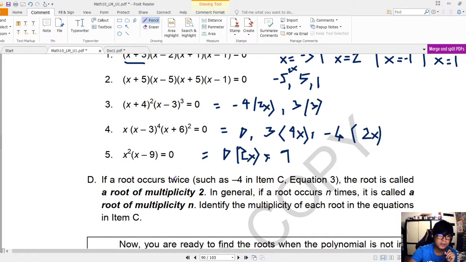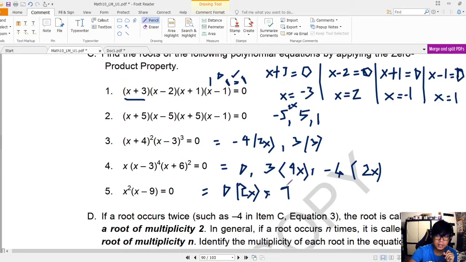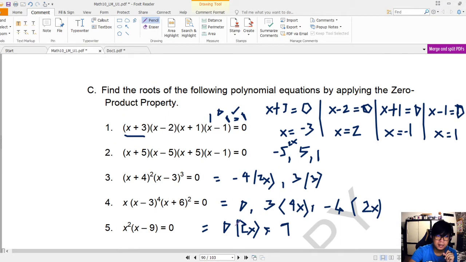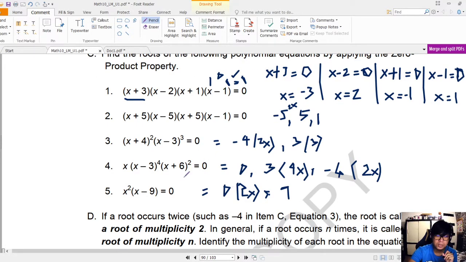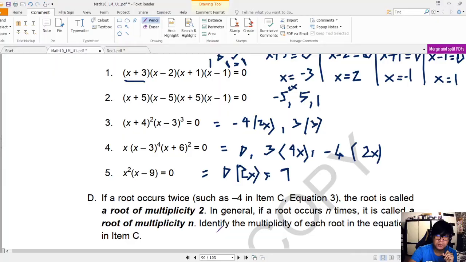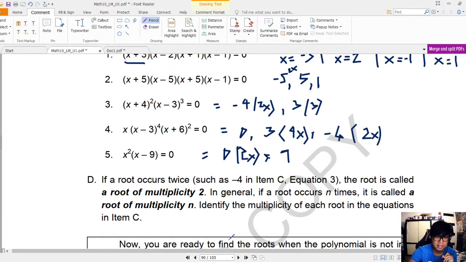Ayan na siya. If a root occurs twice, such as negative 4 in item C equation 3, the root is called a multiplicity of 2. Ito siya, negative 4 multiplicity of 2. In general, if a root occurs n times, it is called a root of multiplicity n.